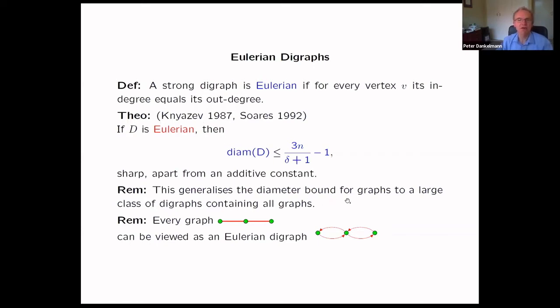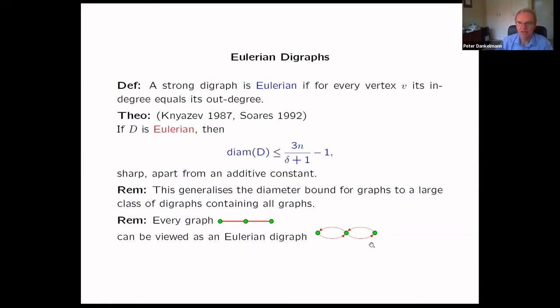Okay, so why is this quite exciting? I find this exciting because this shows that this bound on the diameter doesn't hold just for graphs, but it holds for a large class of digraphs that actually contains all graphs. And why do I feel that the class of all Eulerian digraphs contains all graphs? Because if I have any given graph, let's take this tiny graph with 3 vertices here, I can turn it into a digraph by replacing every edge by 2 directed edges in opposite directions.